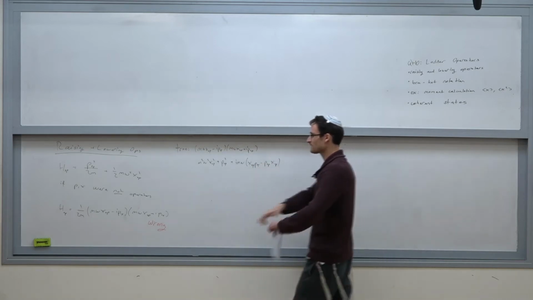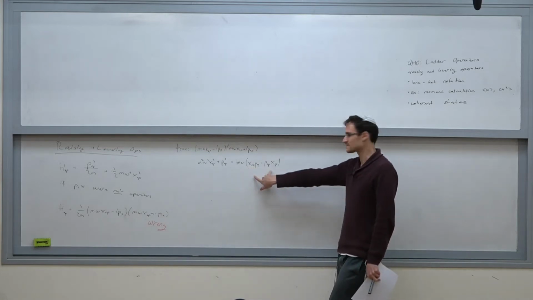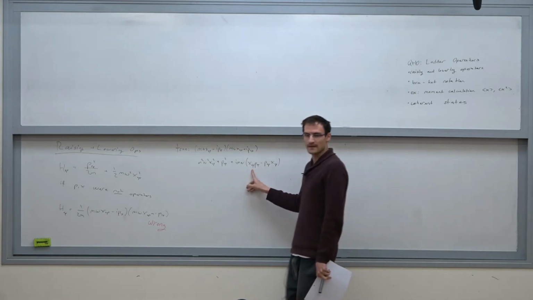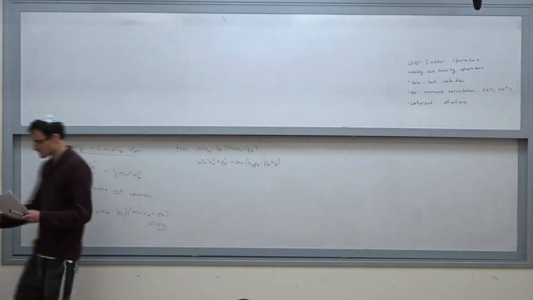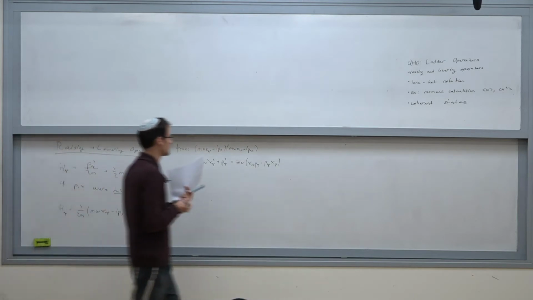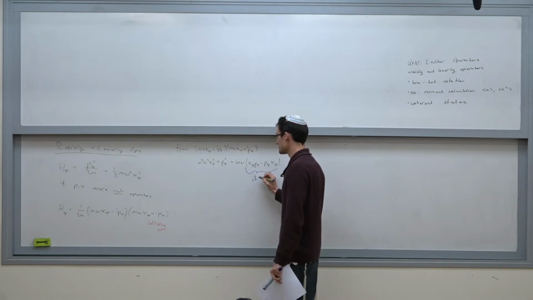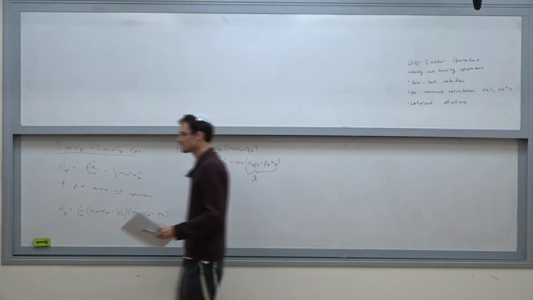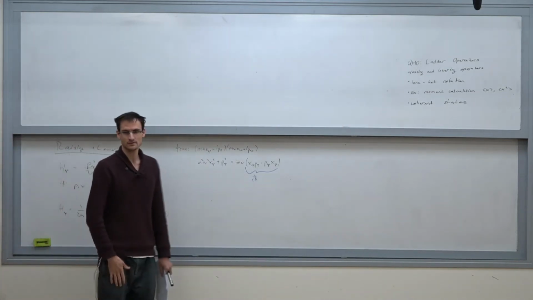So that's why I'm saying that if they were not operators, then p times x and x times p would be the same, and this bracket would be 0. But since these are operators, and the order matters, this minus this is not 0. Actually, you saw in your homework a couple of weeks ago that this operation gives you i h bar. You solved that weeks ago for the example of a plane wave, but it's true in general.